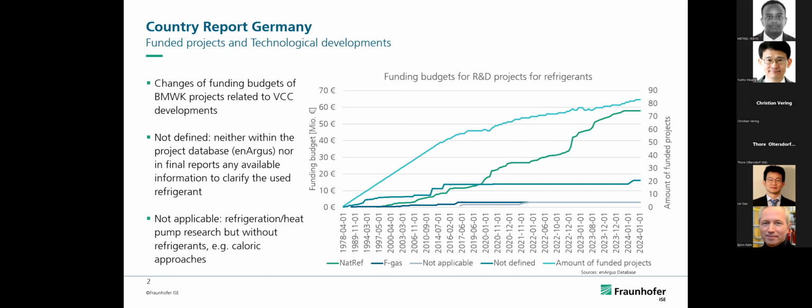As you can see in this green curve, there are about 78 projects, as of 2024, related to alternative or natural refrigerants. And the F-gas projects have stayed at a relatively low level since 2017.